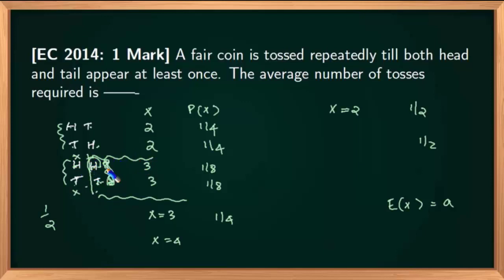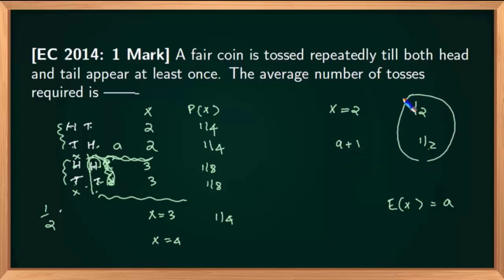Now I have got a head. If the next thing is a tail, my experiment is solved. Whereas if the next thing is a head, again I have to start it, but it is similar to what I have done earlier. So this length will be a. So with half probability, my expected length will be incremented by 1.